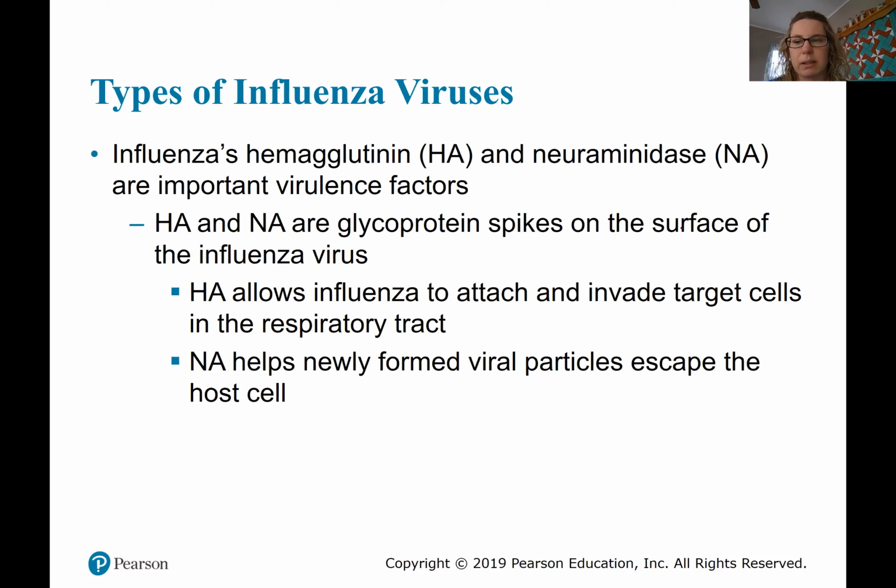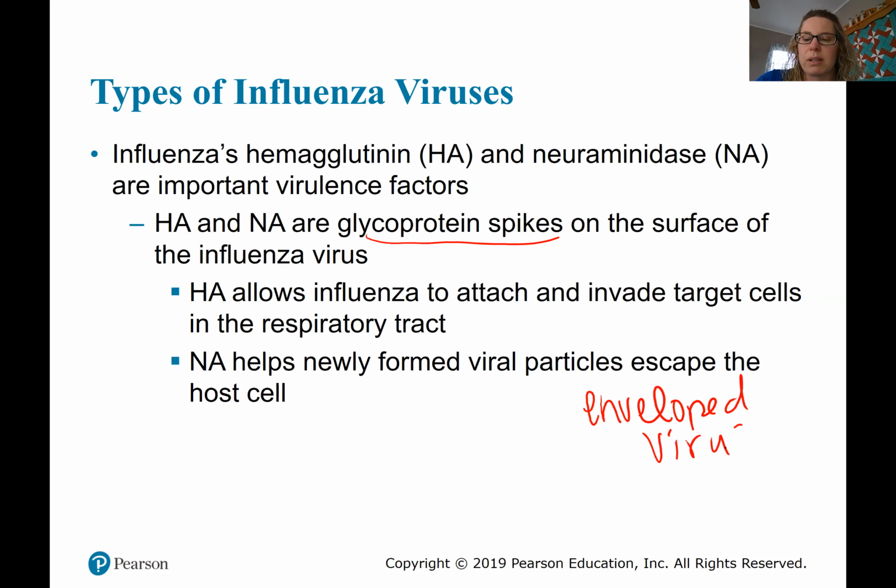I think we've talked about this before too when we were talking about viruses: those glycoprotein spikes on the surface of the virus. Influenza is an enveloped virus, and if you remember, it steals the cell membrane, that phospholipid bilayer, from the host cell.